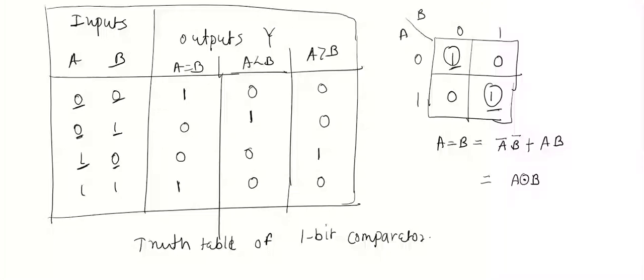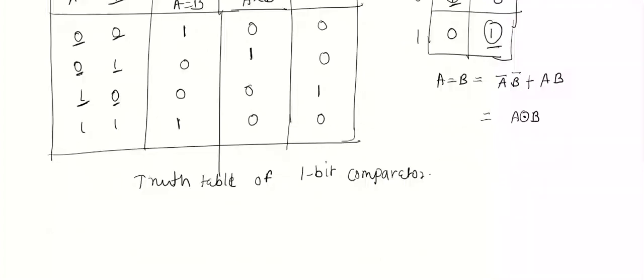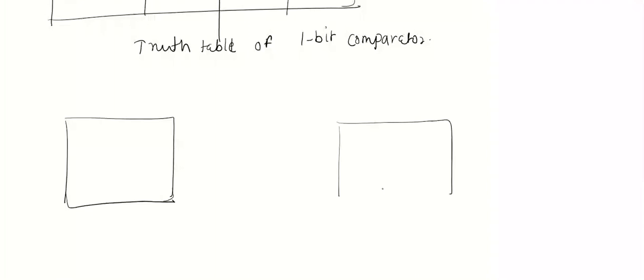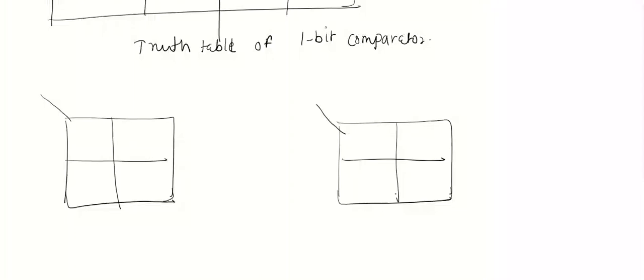Now similarly, we'll identify the expression representing A less than B. I am going to draw a two-variable K-map here. This is a K-map for A less than B and A greater than B, with variables A and B as inputs.